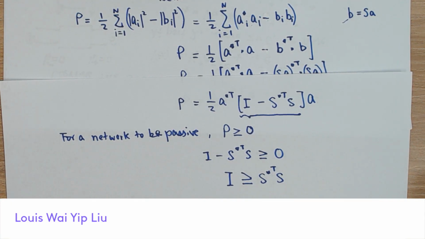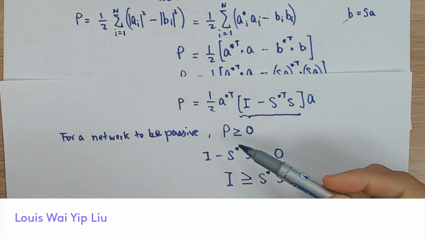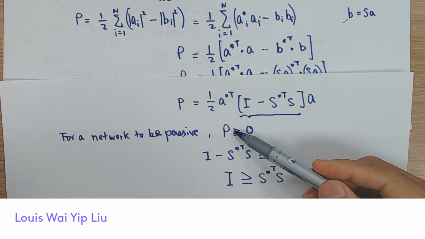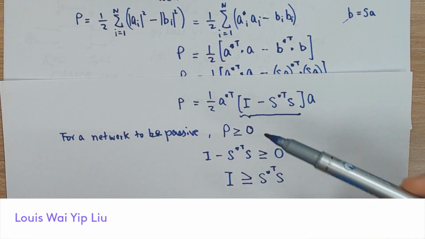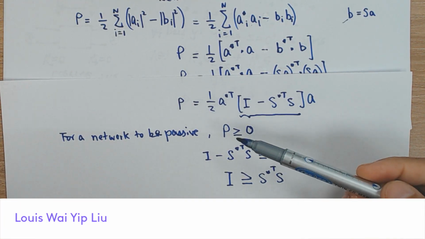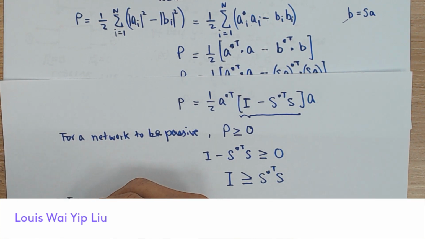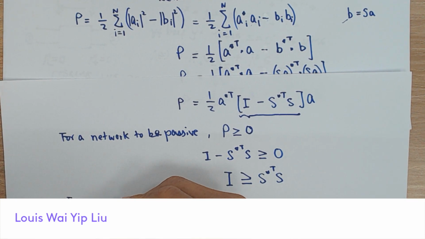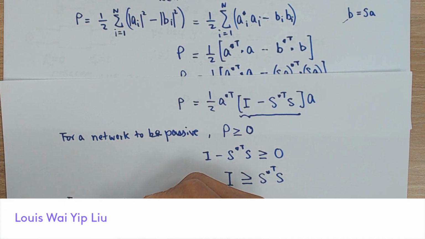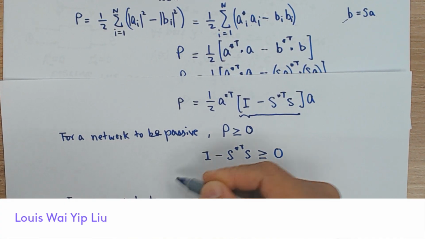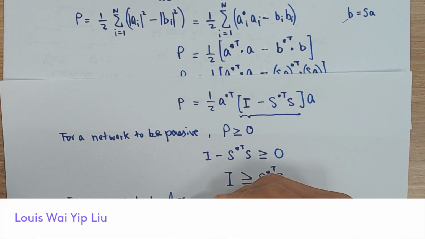If the network is lossless, this means the power loss from the network is 0. So for a network to be lossless, we should get this.